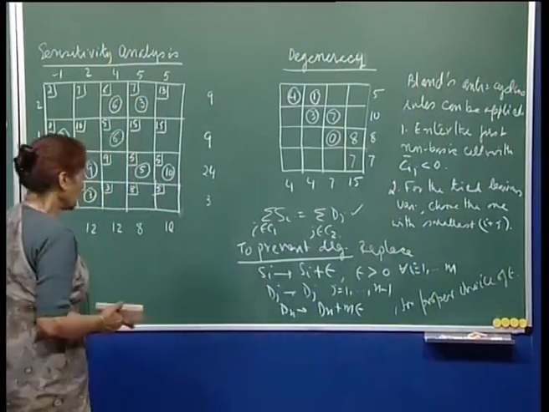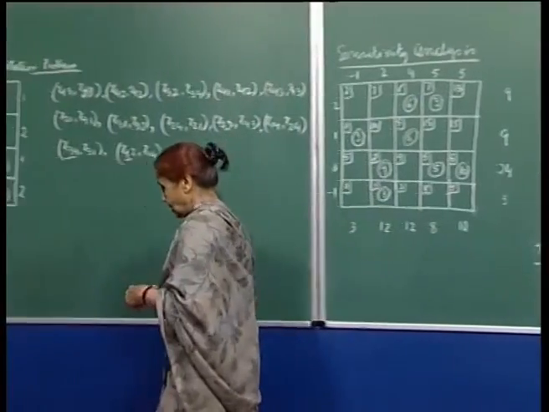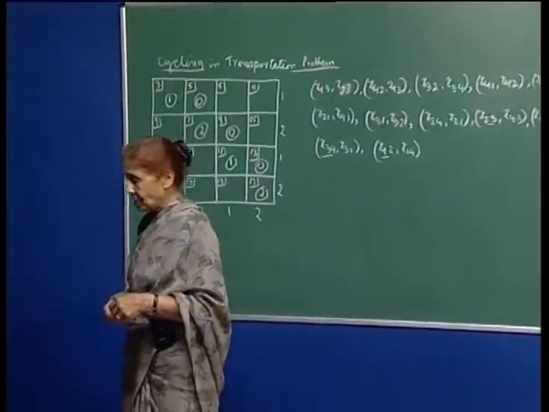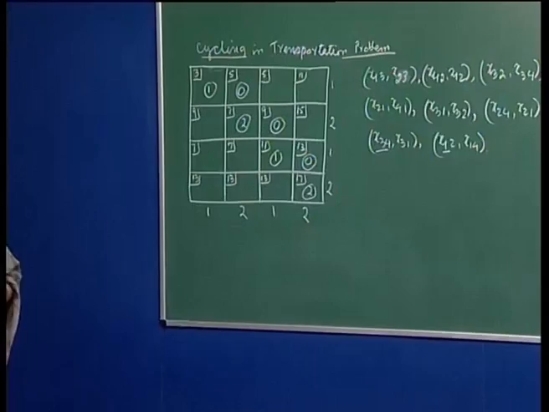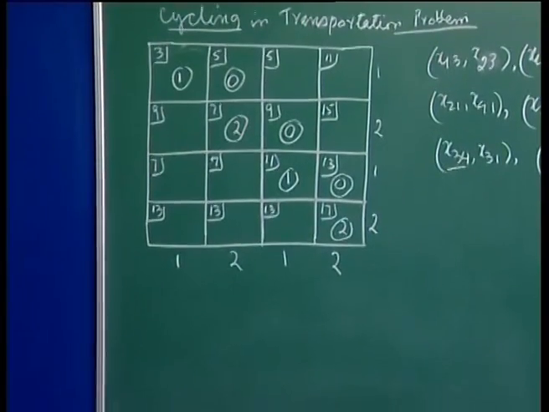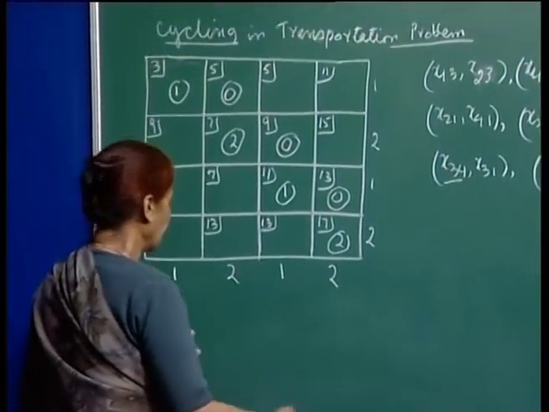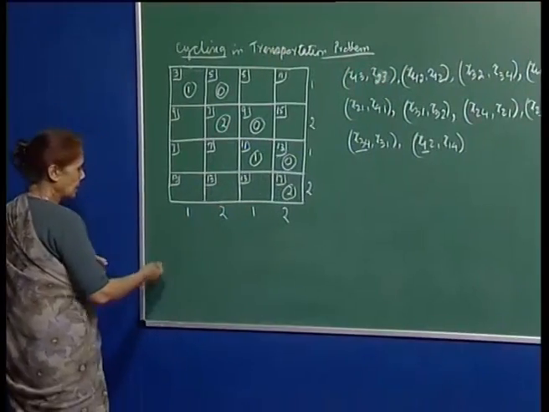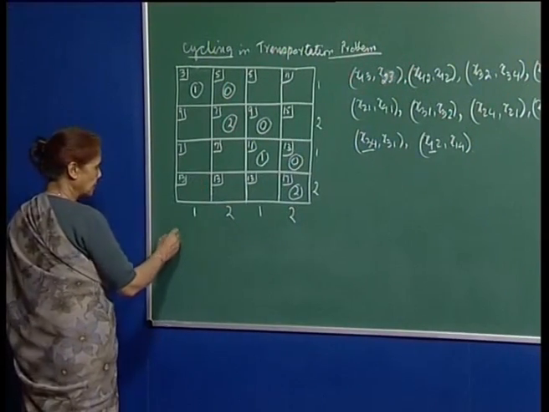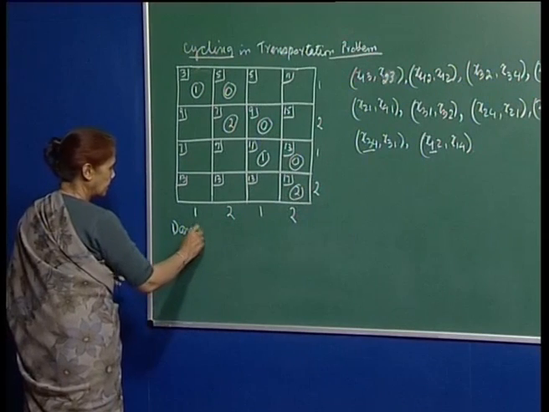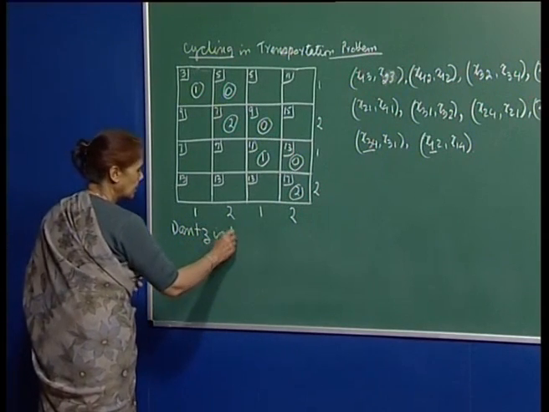But then came this example which shows that cycling can occur, and therefore people had to address this problem, right. So let us see, this is a transportation tableau, and of course I have modified the problem. But essentially the problem comes from Dantzig and Thapa.